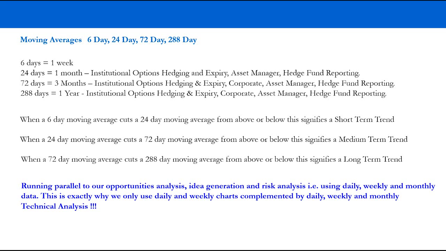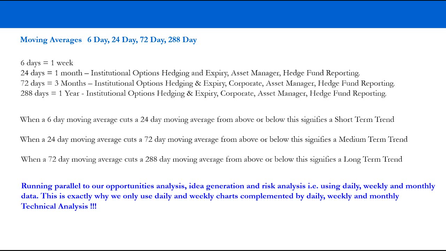So what we need to look for, for example, is when a 6-day moving average cuts a 24-day moving average from above or below. What that's doing is signifying on our time frames a short-term trend. On our time frame of 1 to 3 months, when we look at a 24-day moving average cutting a 72-day moving average from above or below, this signifies a medium-term trend.